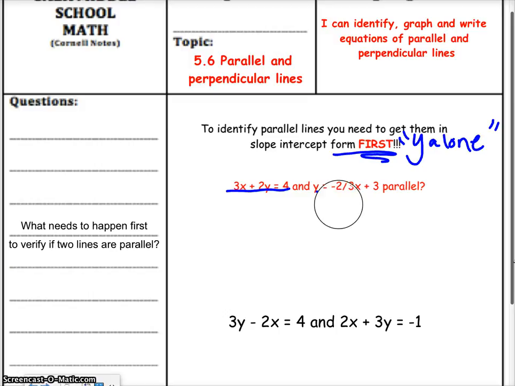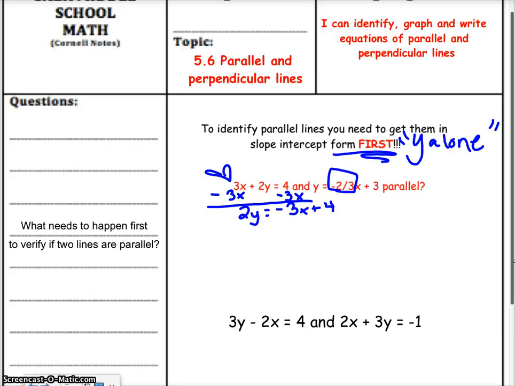Well, let me check. This one, y is already alone, so I'm going to go ahead and just box off my slope. Y is already by itself. This one, I have to get y alone. So how do you move 3x? Subtract 3x, subtract 3x. 2y equals negative 3x plus 4.